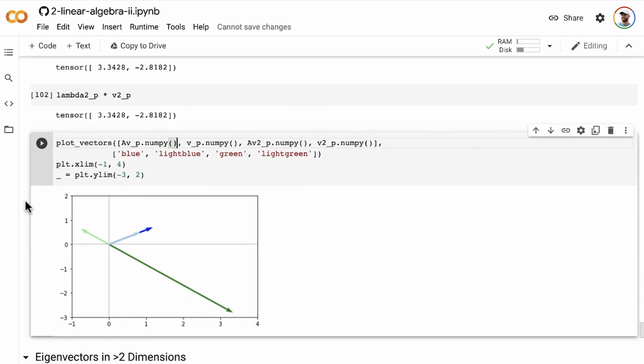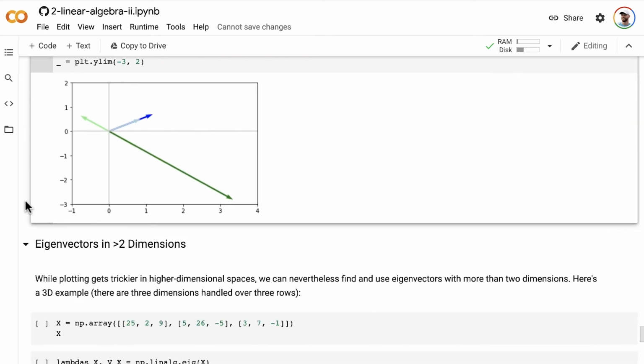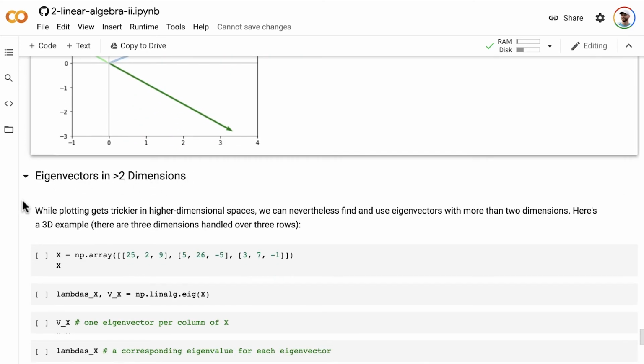All right, the final topic to cover here is to talk about eigenvectors in greater than 2 dimensions.